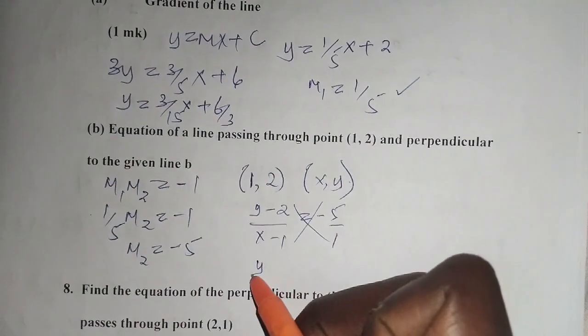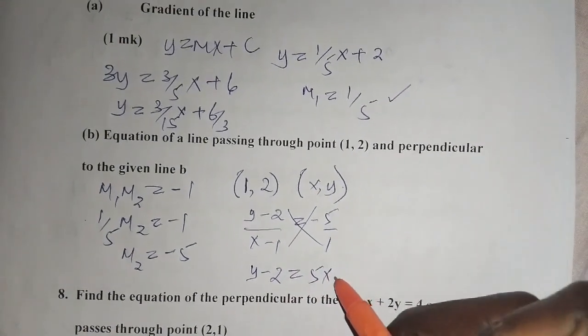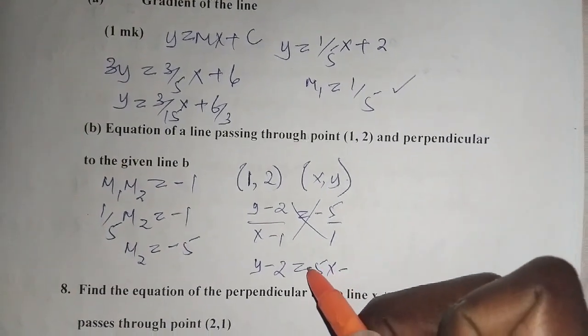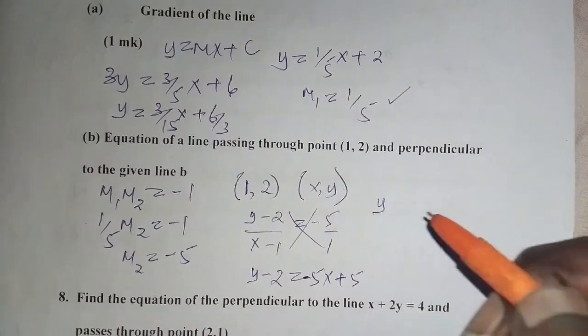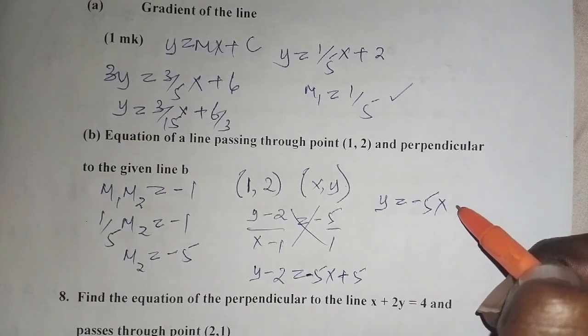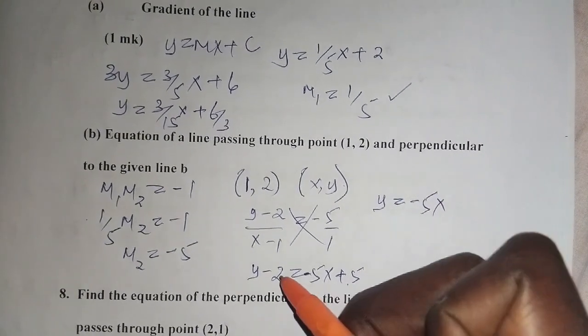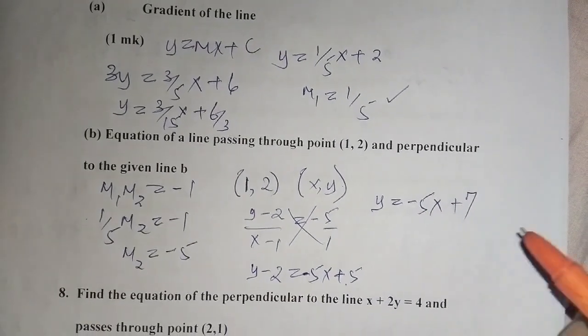So we shall have y minus 2 equals negative 5x plus 5. So this one will give us y equals negative 5x, then you have plus 5, and minus 2 to the other side becomes positive, so plus 7.